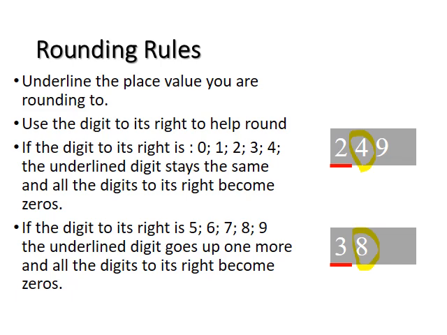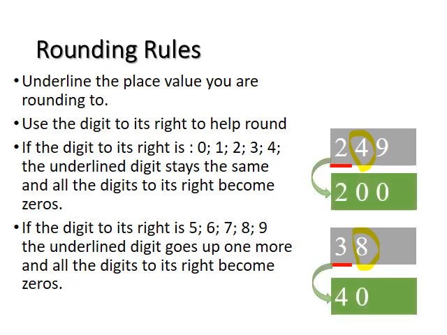So here 8 is greater than 5, so the 3 will go up one more and 8 will become a 0. So 249 will round to 200, 38 will round to 40.